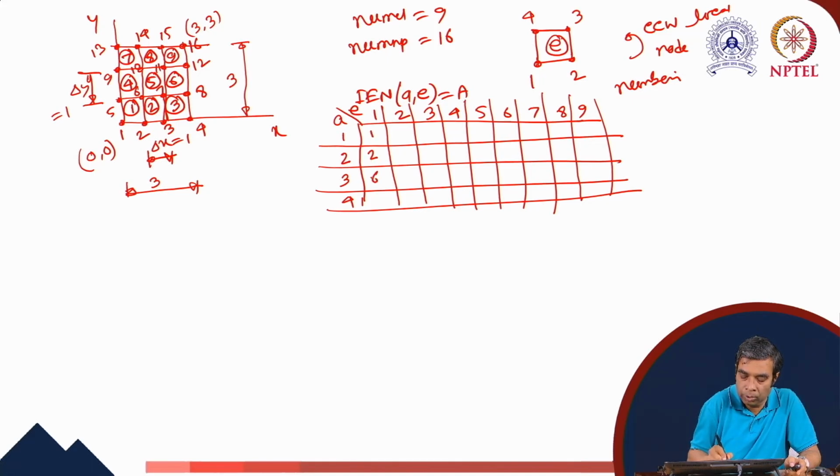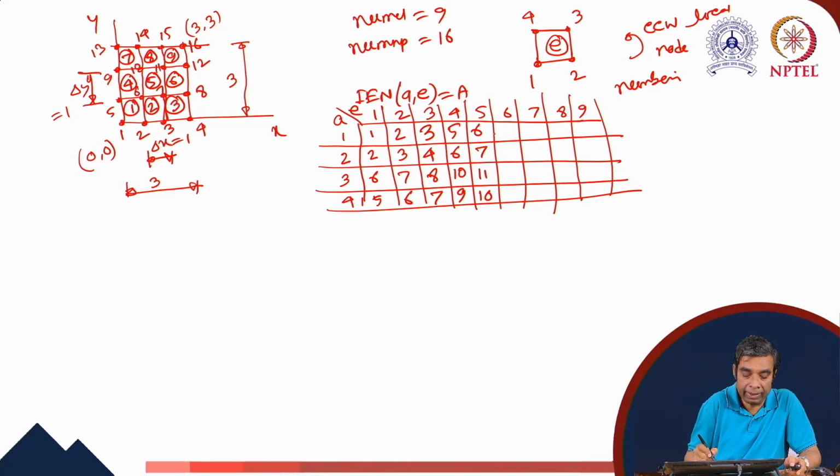For the second element, the global nodes are 2, 3, 7, 6. For the third element, these numbers are 3, 4, 8, 7. For the fourth element, these are 5, 6, 10, 9. For the fifth element, these are 6, 7, 11, 10.